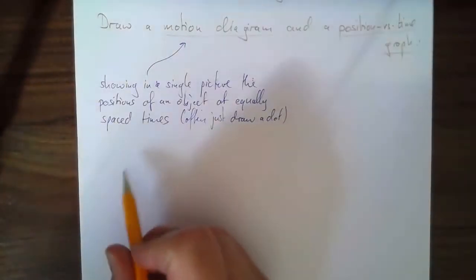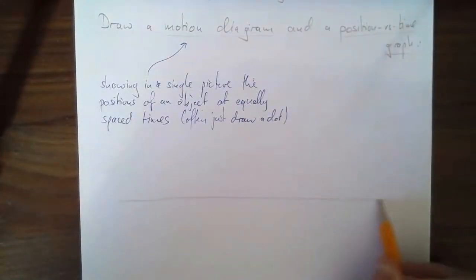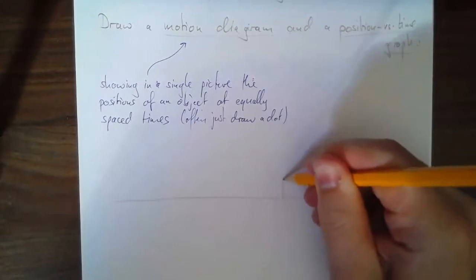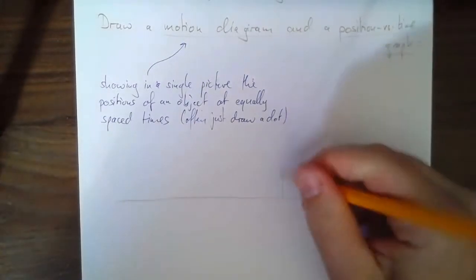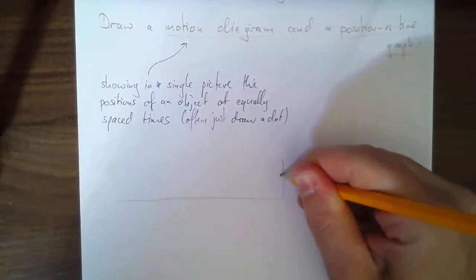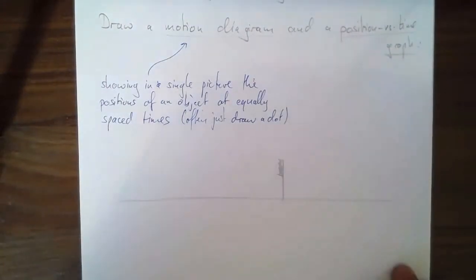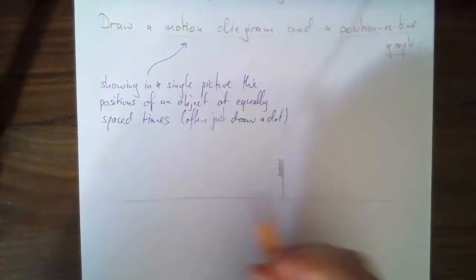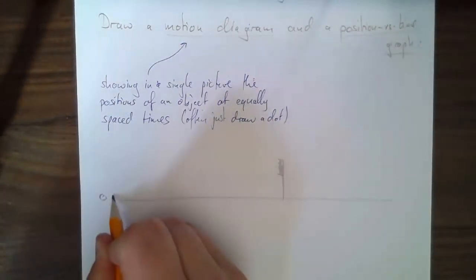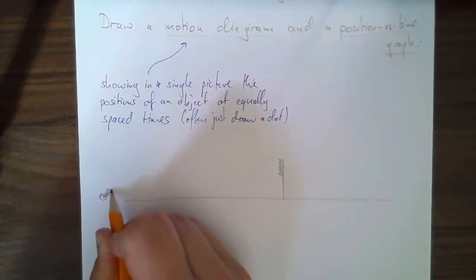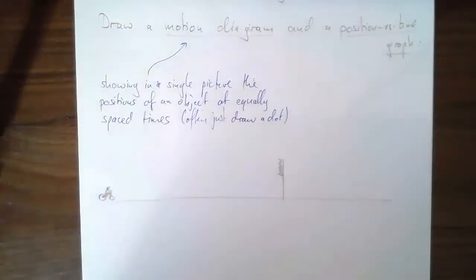So imagine this is the road, and I'm going to draw the stop sign right here. Sorry, it's a stop light. It doesn't matter. There's my light, badly drawn. That's my traffic light. And I start out here. This is my bike. Again, I'm really bad at drawing bikes or anything really, but that's my bike.